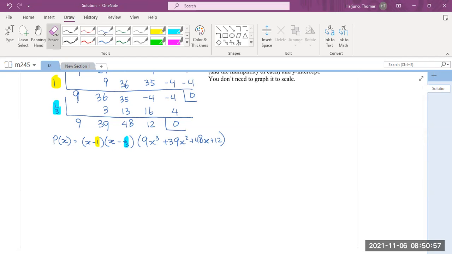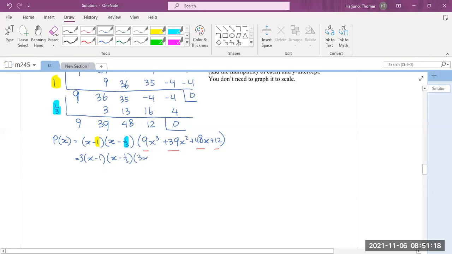Second, you notice that the coefficients here are all multiples of 3. Let's factor that 3 out. So I will get 3 times x minus 1, x minus 1/3, times 3x cubed plus 13x squared plus 16x plus 4.